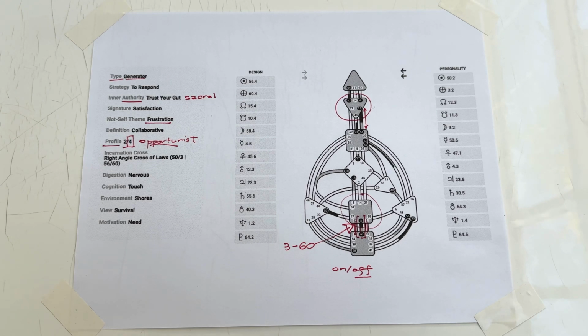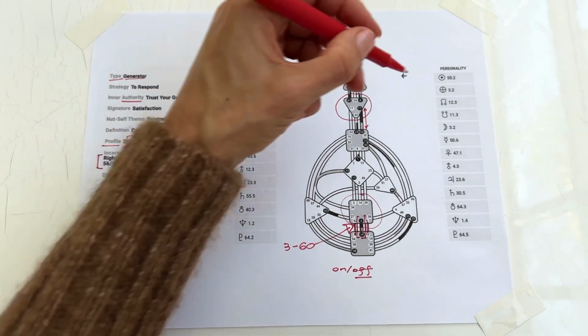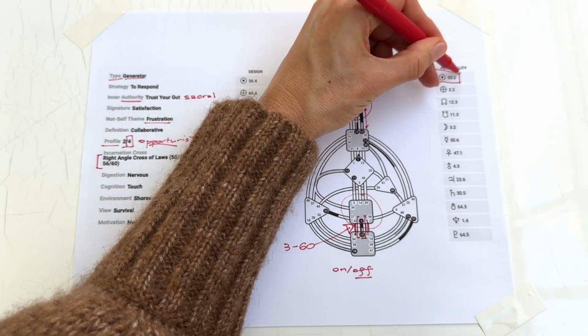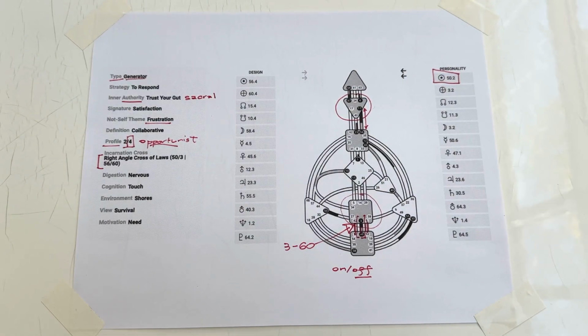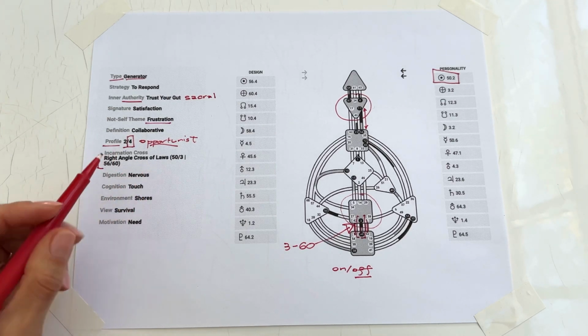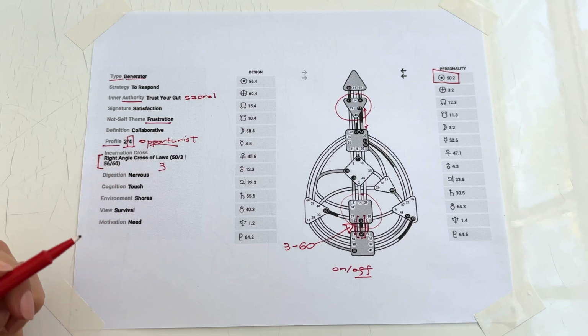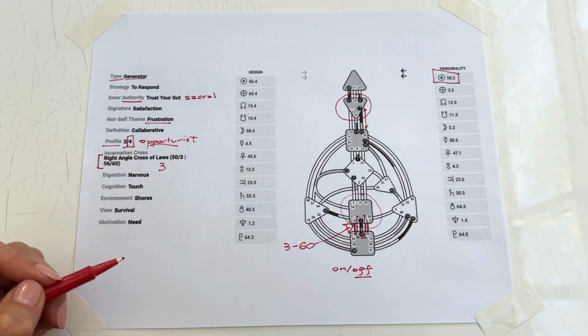The last aspects I want to talk about in her chart are her incarnation cross, which is the right angle cross of laws, and her conscious sun, which is in gate 50. Now, the right angle cross of laws, and this is technically the right angle cross of laws 3, is about bringing law and order to the tribe.